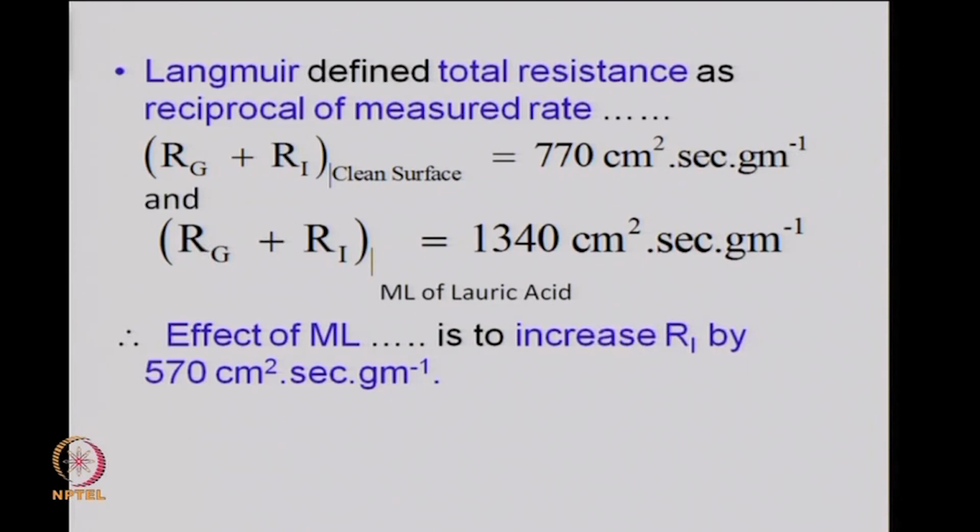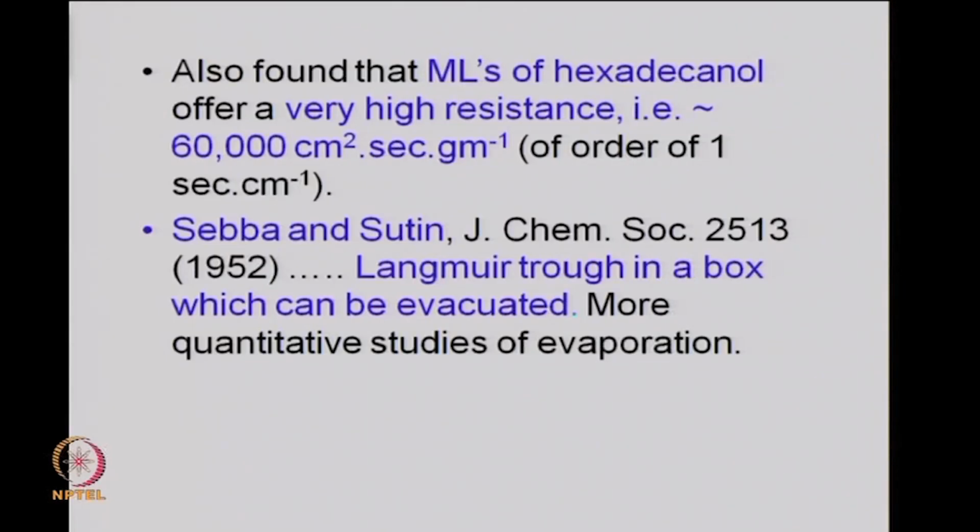This is exactly the reason why people have thought of making use of monolayers for certain practical purposes. If we take the case of hexadecanol, the monolayer will offer a very high resistance.